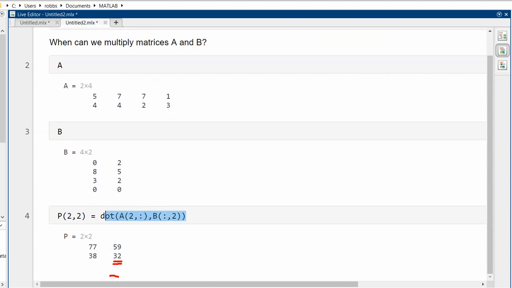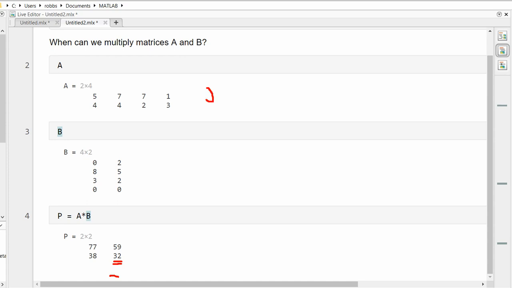And there's a lab to practice. Oh, I'm sorry, we did the whole thing, right? Because A is 2 by 4, and B is 4 by 2.